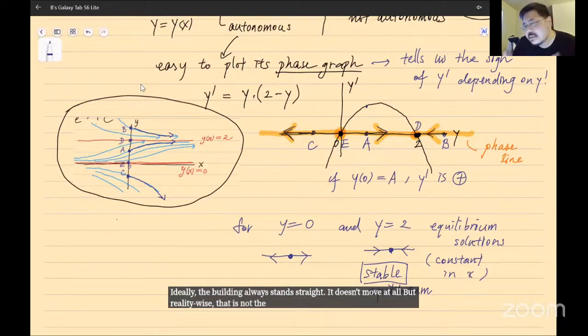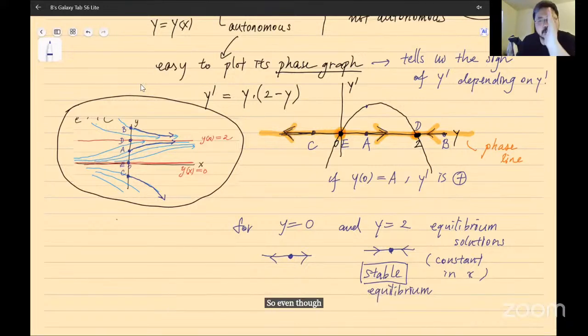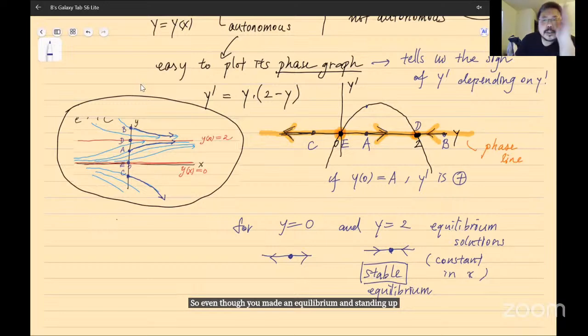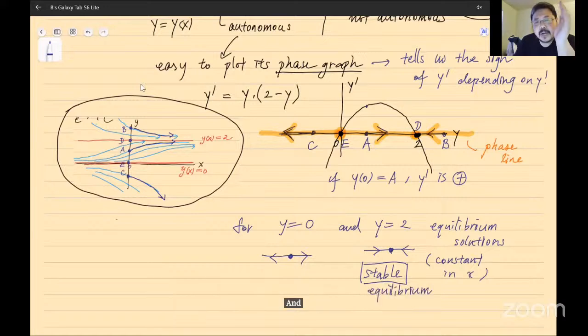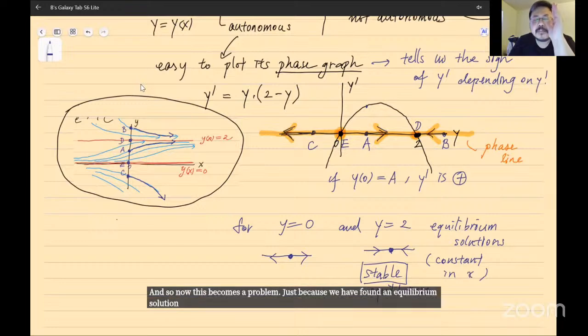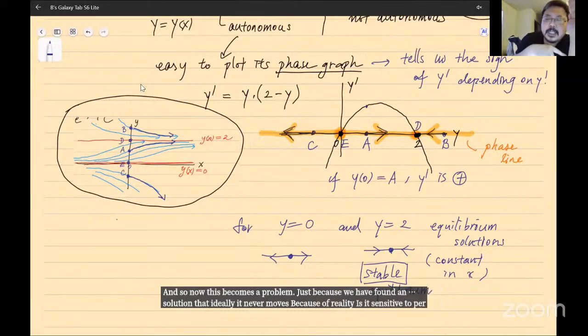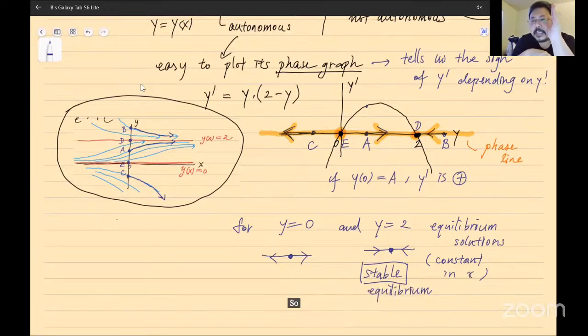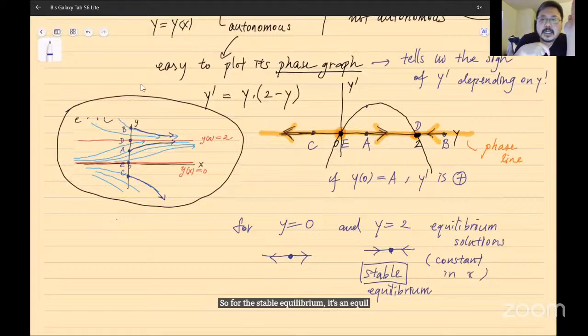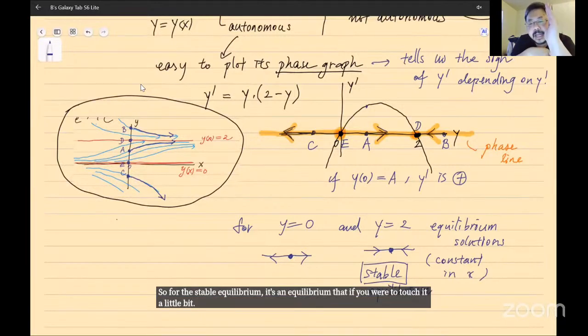In reality, these things wobble a little bit, so even though you made an equilibrium and it's standing up, it's still perturbed left and right a little bit sometimes. And so now this becomes a problem. Just because we have found an equilibrium solution that ideally never moves, is it sensitive to perturbation? If I were to touch it a little bit, what's going to happen? For the stable equilibrium, if you were to touch it a little bit, it will come back to that equilibrium point.